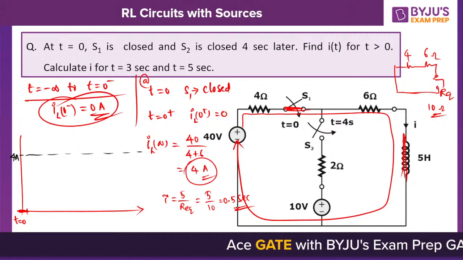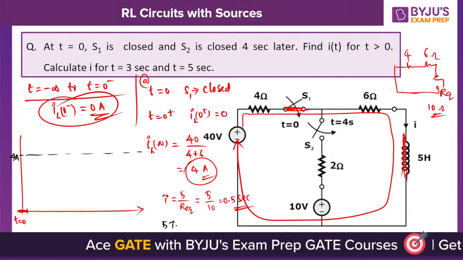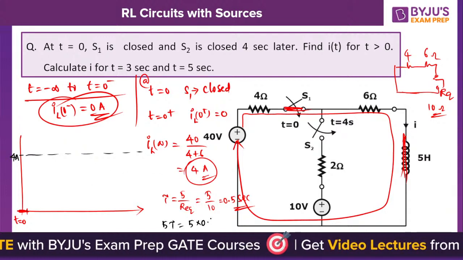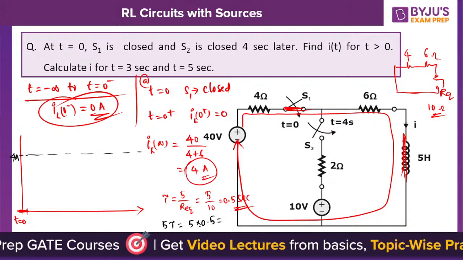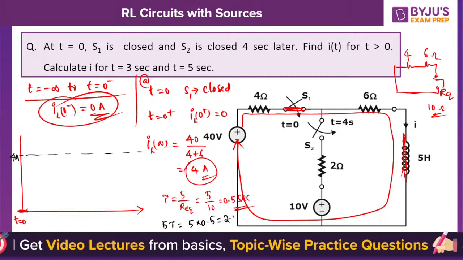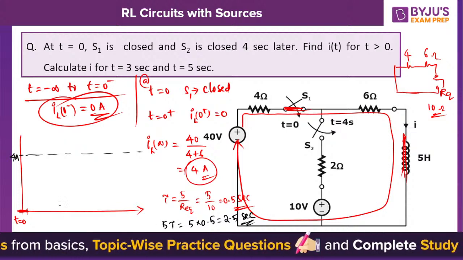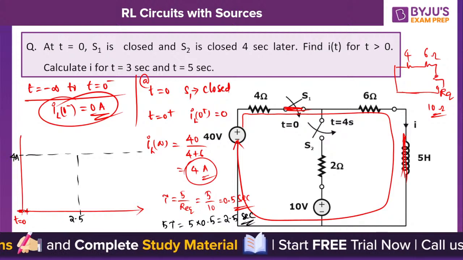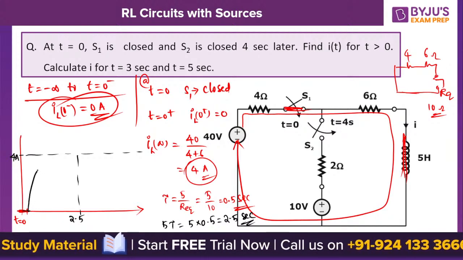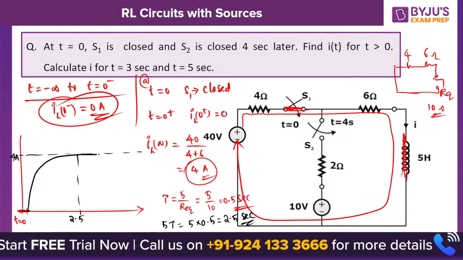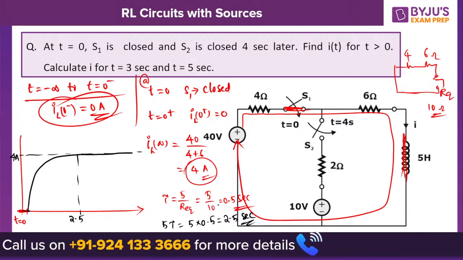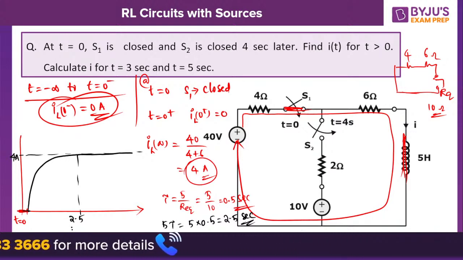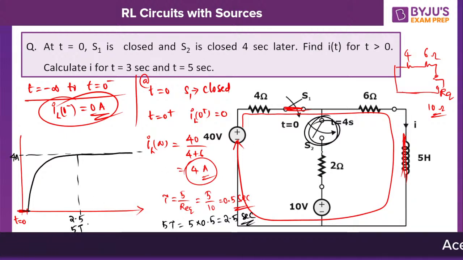To reach the final 4 amperes, 5 time constants are needed: 5 into 0.5, which is 2.5 seconds only. So within 2.5 seconds it is going to reach the final value of 4 amperes. Did you understand? That means it is much before 4 seconds, much before closing the switch too.